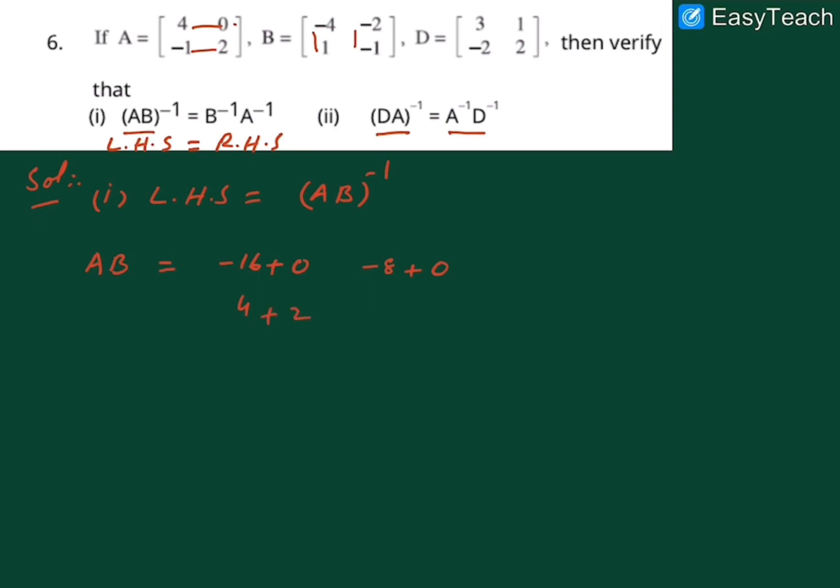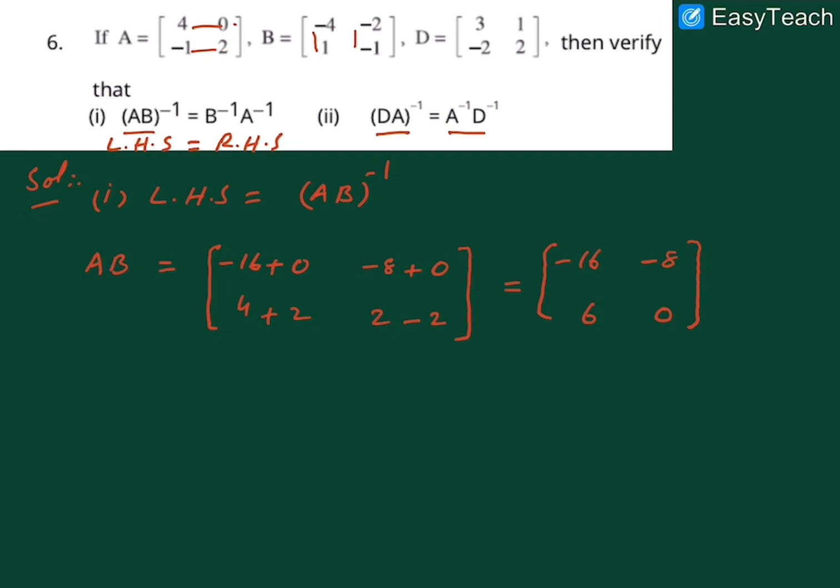Again, second row of A will multiply with second column of B. So minus 1 will multiply with minus 2, so it will be 2, and plus minus 2 times minus 1 is 2. So AB will be equal to minus 16 plus 0 is minus 16, minus 8, 4 plus 2 is 6, and minus 2 plus 2 will be 0.